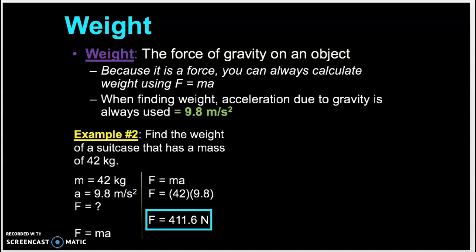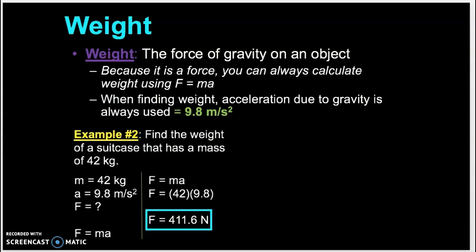So, we're going to find the weight of a suitcase that has a mass of 42 kilograms. So we know our 3 variables, force, mass, and acceleration. We know our mass is 42 kilograms. Our acceleration is always going to be gravity, which is 9.8 meters per second squared. So we're finding force.